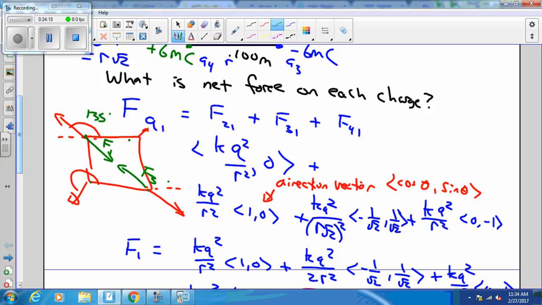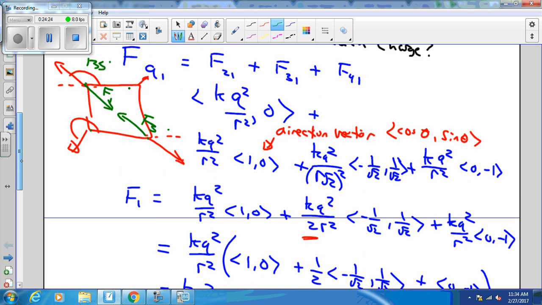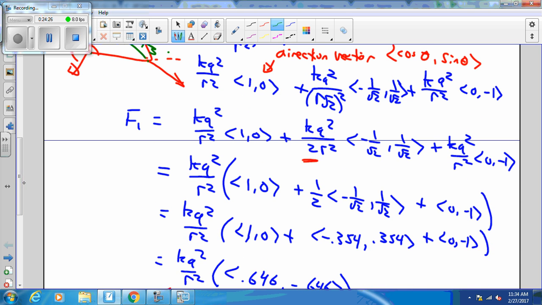Because all 4 of these charges have the same magnitude and they're all the same distance apart. When I do the computations, these magnitudes are going to be exactly the same. The only thing that's going to change is the direction, and they're specifically each going to be 180 degrees opposite.